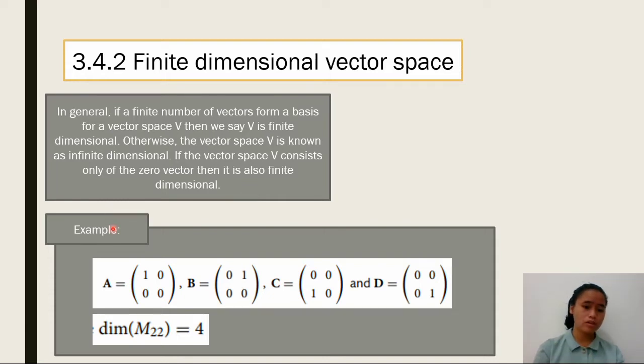So an example is the matrix with entries a, b, c, and d. The dimension of M22 is 4. Why? Because this is 2 by 2, and 2 times 2 is equal to 4.